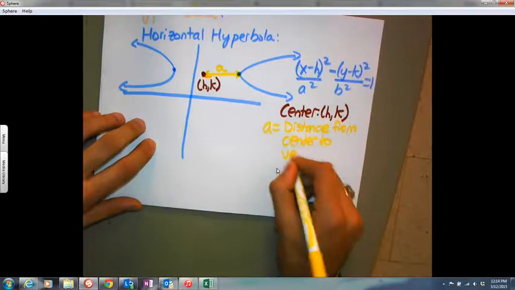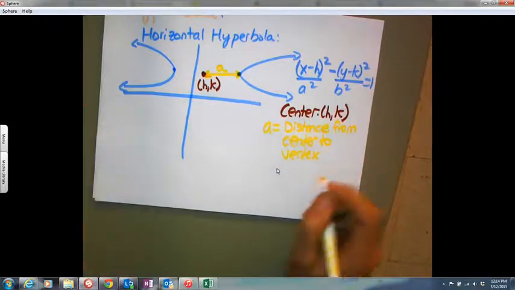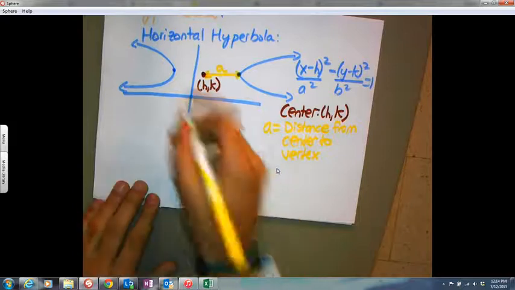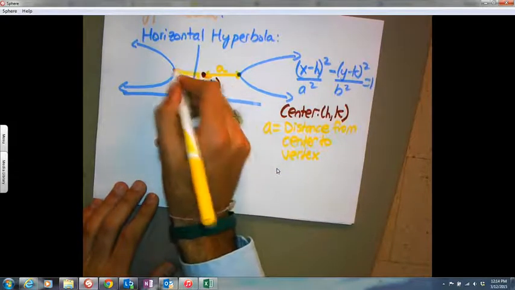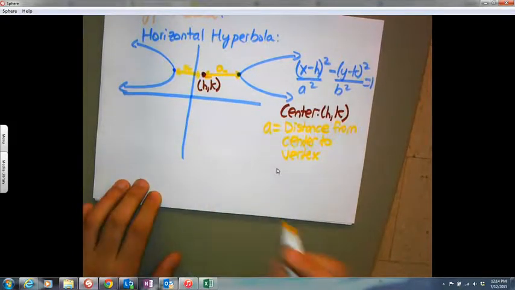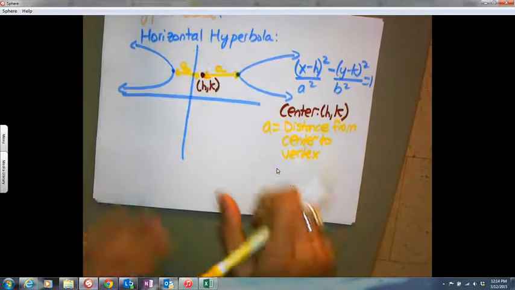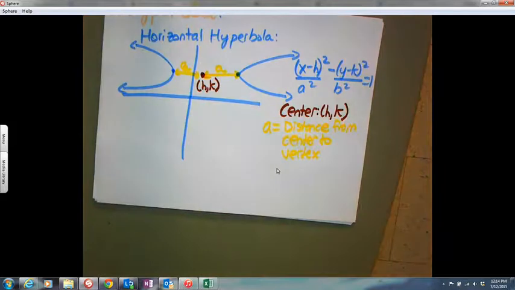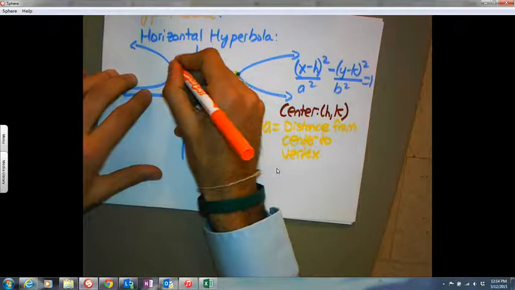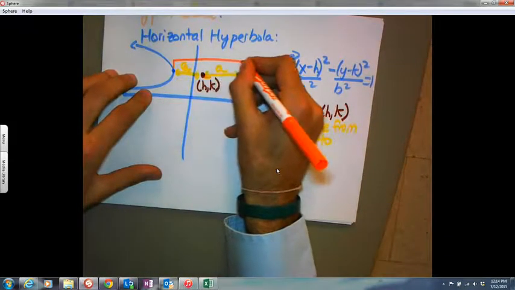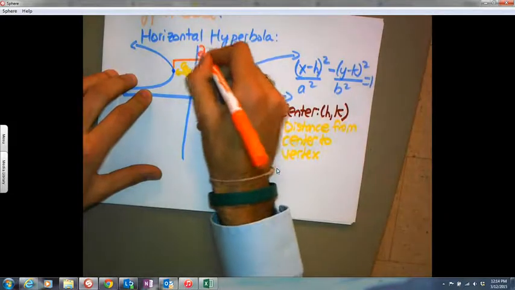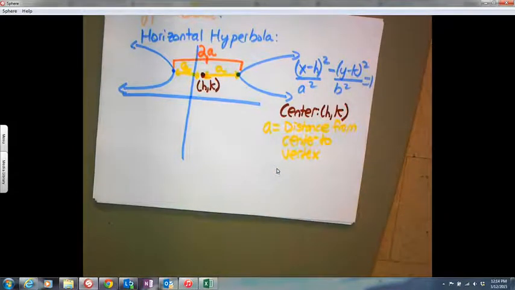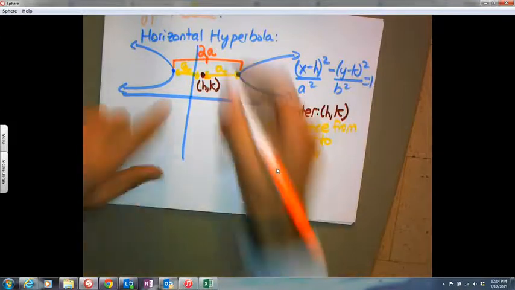This is also a. If you double this, we of course get 2a, the distance between the branches. That's called the transverse axis.